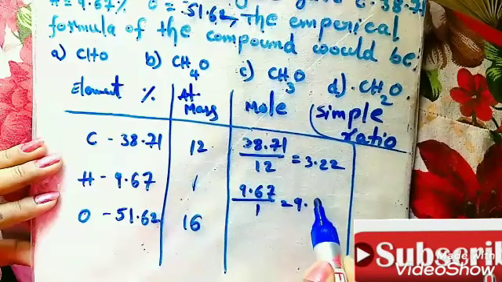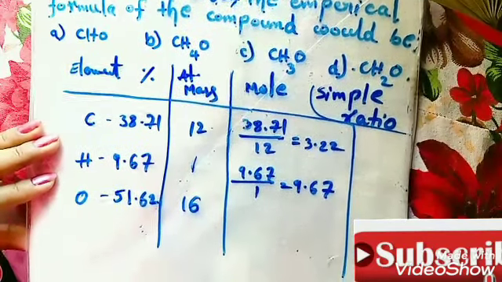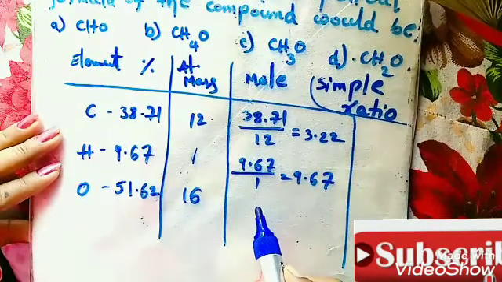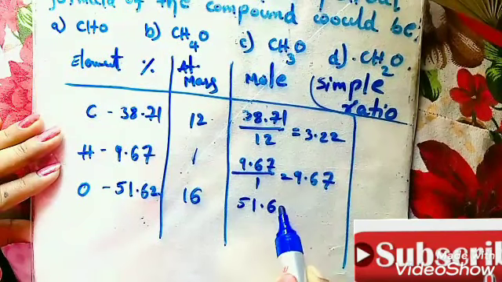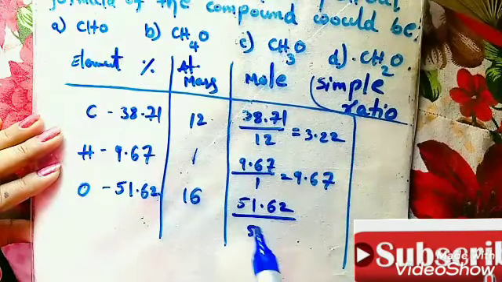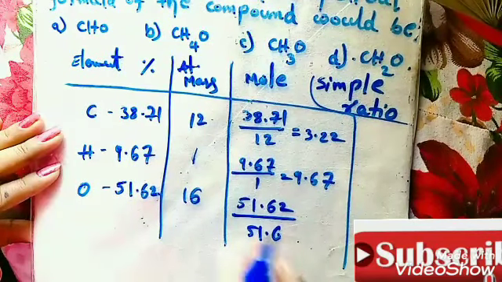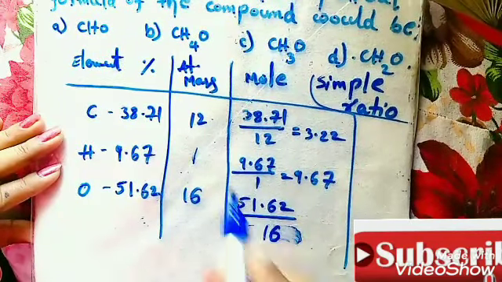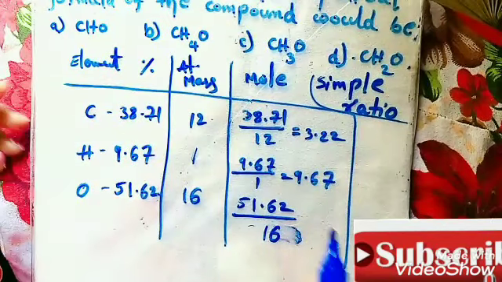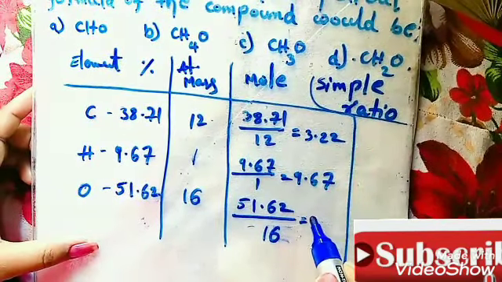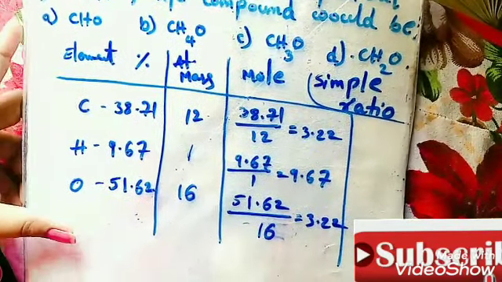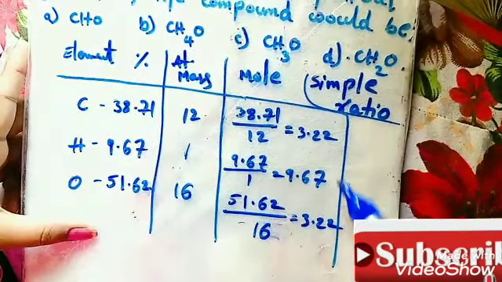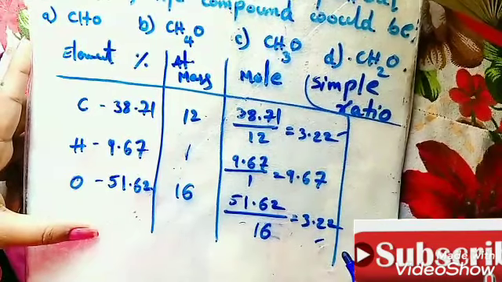That's the same answer, 9.67. That is the mole number. And coming to oxygen, they have given in the question 51.62 by 16, the atomic mass we calculated previously, and the approximate answer will be 3.22.